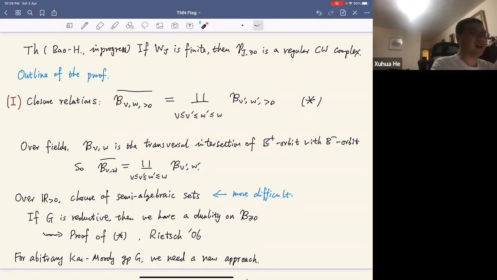Then we say that if G is a minimal Kac-Moody group, and if we assume that W_J is finite, then the totally non-negative part of the partial flag variety is a regular CW complex.